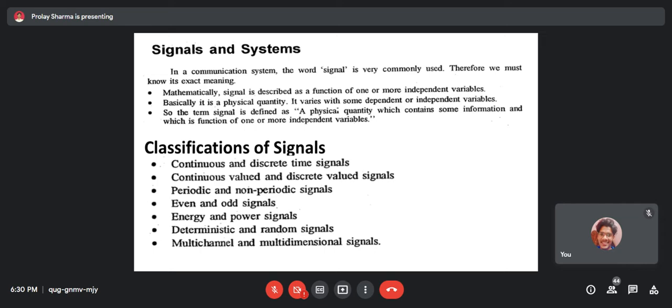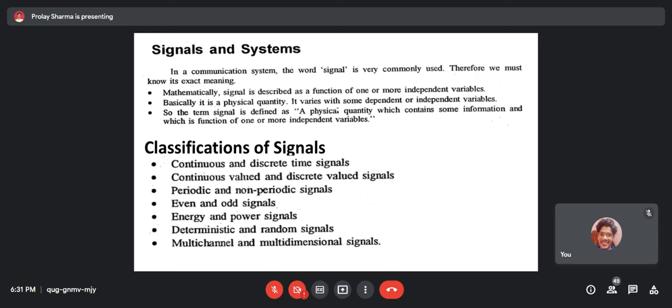Now the signal can be classified this way. First one is continuous or discrete signal. Second one is continuous valued or discrete valued signal. Third one is whether the signal is periodic or non-periodic, even and odd signal, energy and power signal, deterministic and random signal, multi-channel and multi-dimensional signal.